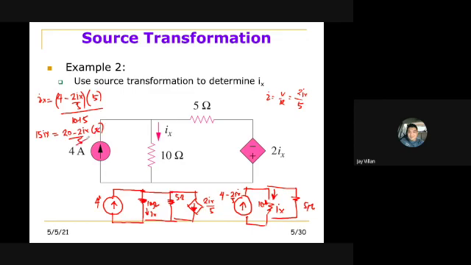The 5 cancels out, so 15Ix is equal to 20 minus 2Ix. Combining the Ix terms, this becomes 17Ix equals 20. So Ix is equal to 20 over 17 amperes.